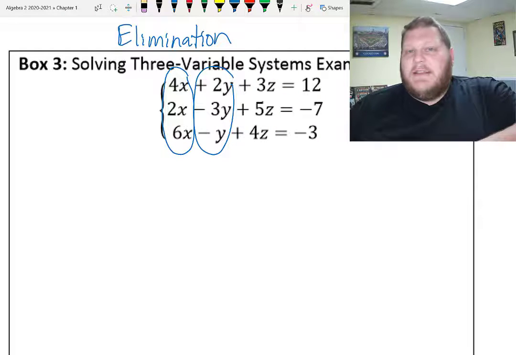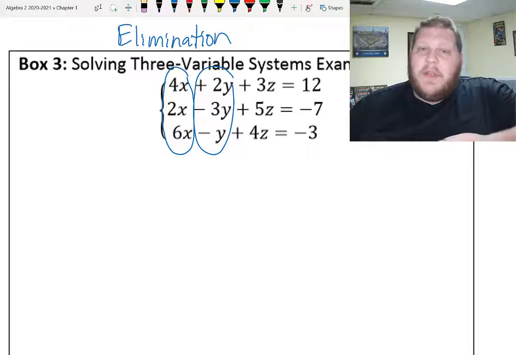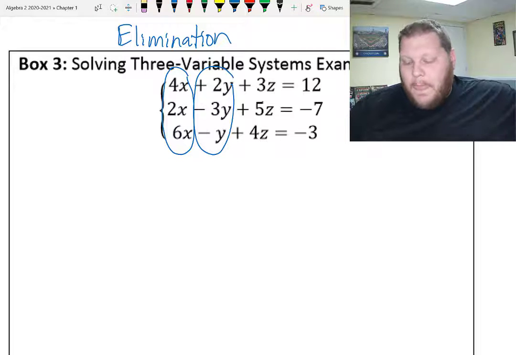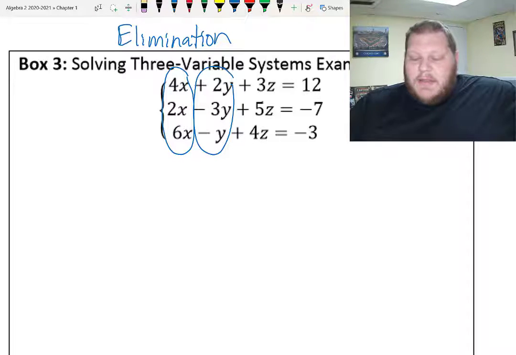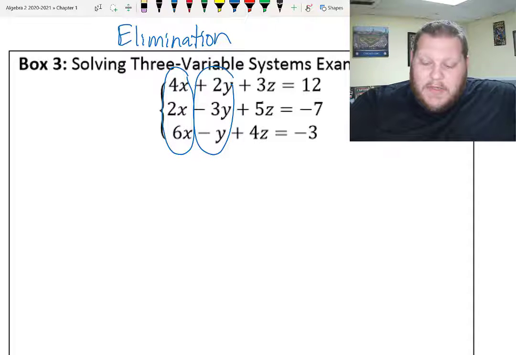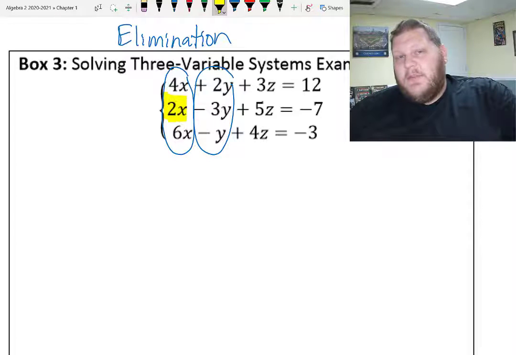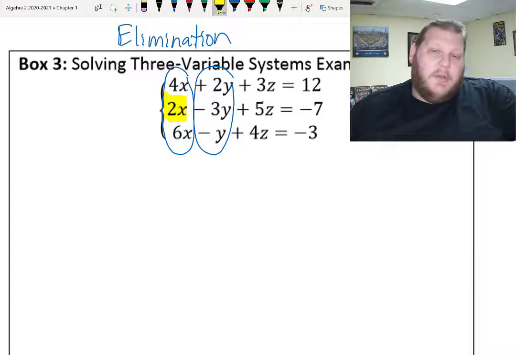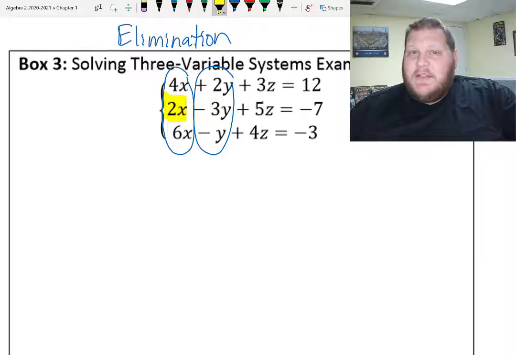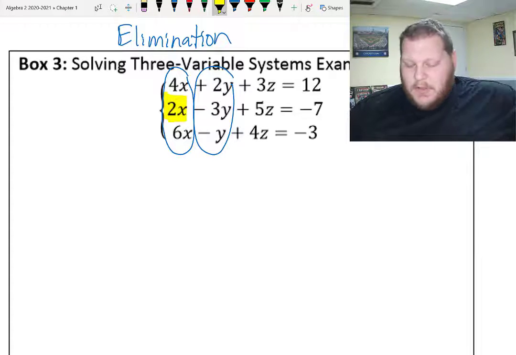And it's not easy to turn a 3 into a 5 or a 3 into a 4 or vice versa. For my x's and my y's, really it's personal preference here. I would say that my choice would either be using this 2, because 2 you could just multiply by a negative 2 to make it negative 4. 2 you could multiply by negative 3 to make it a negative 6, and then those would eliminate.